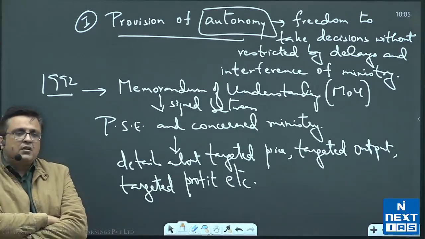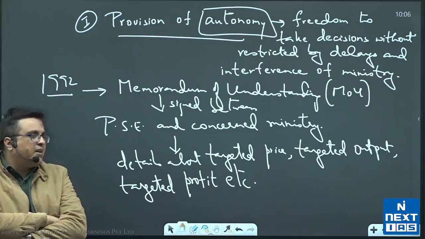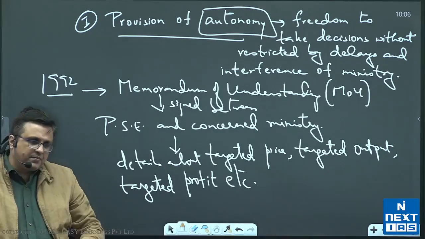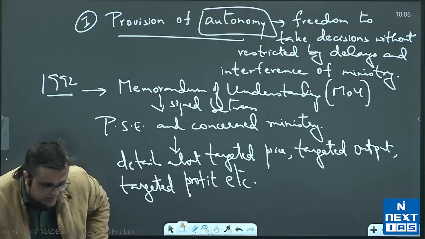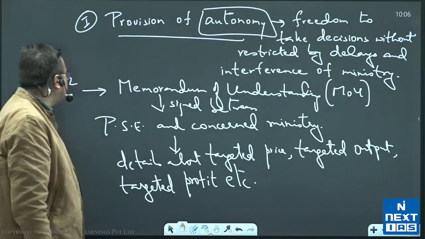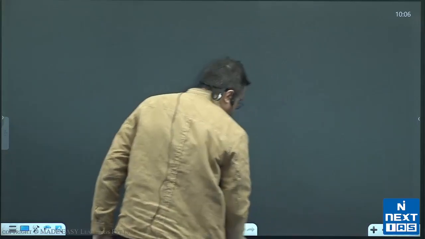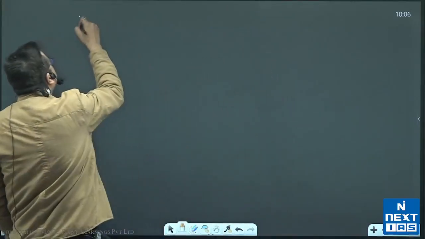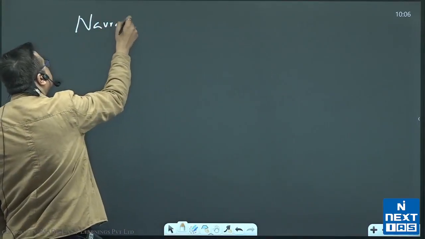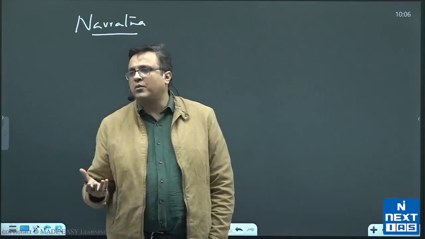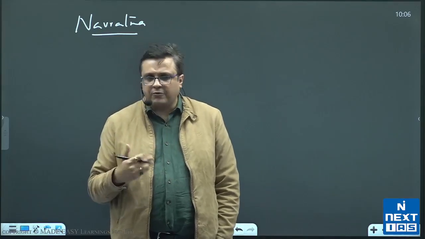Now the public sector kept complaining. In 1997, the government set up a new system. Mr. P. Chidambaram was the Finance Minister in those days. He set up a system called Navratna. So he brought in the idea that public sector will be given more autonomy on the basis of their performance.